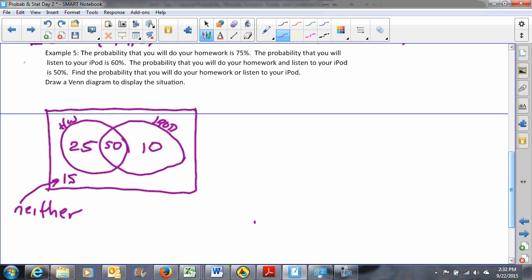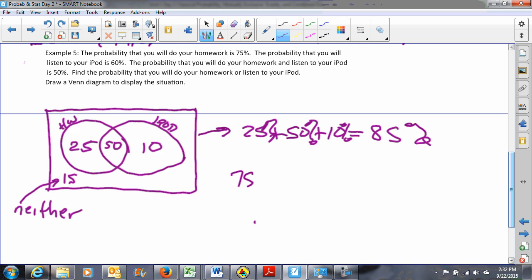So now, what is the probability that you will do your homework or listen to your iPod? Well, according to this picture here, it would be 25% plus 50% plus 10%, which is 85%. Now, these are all percents here. But if we use the formula, we would say that the probability you'll do your homework is 75%.